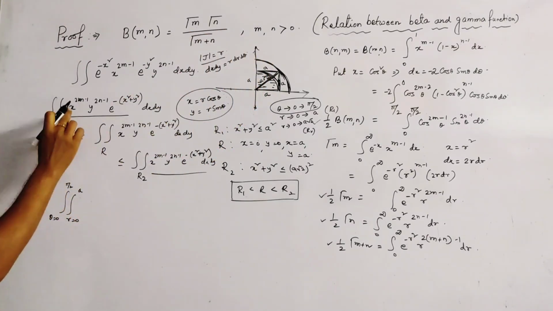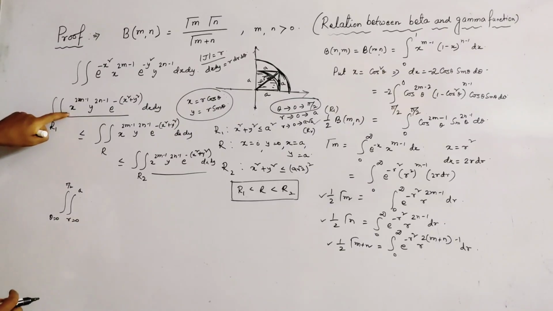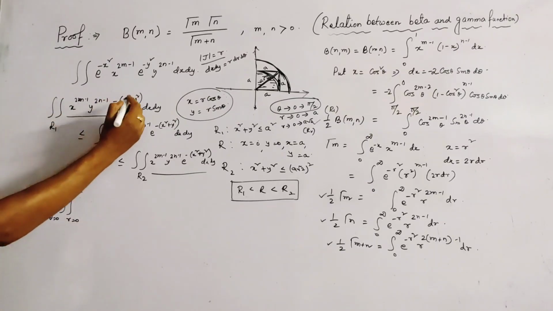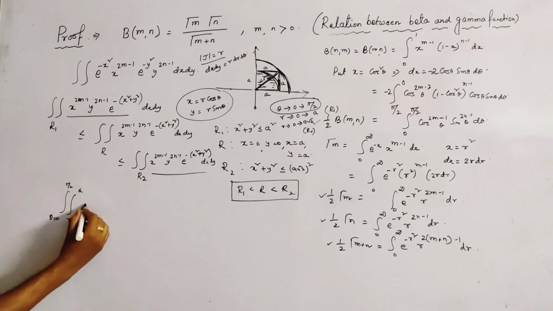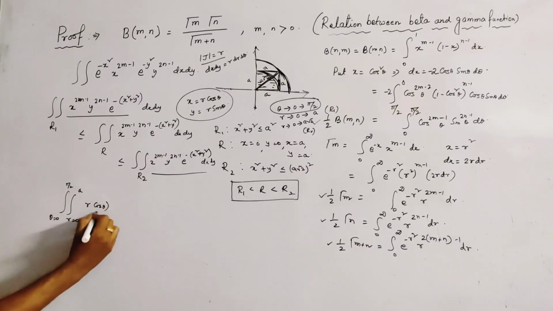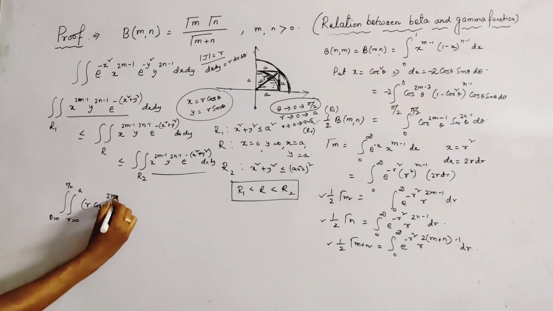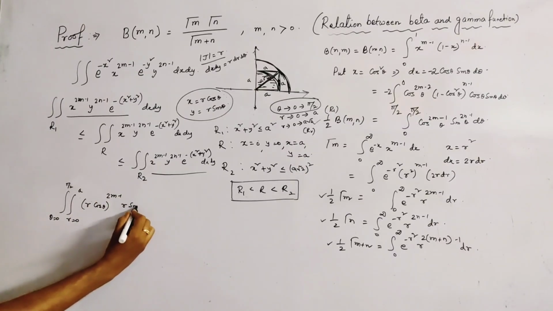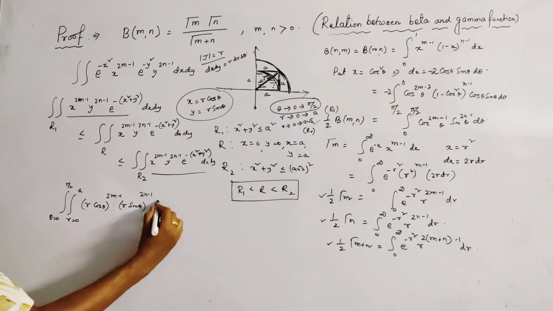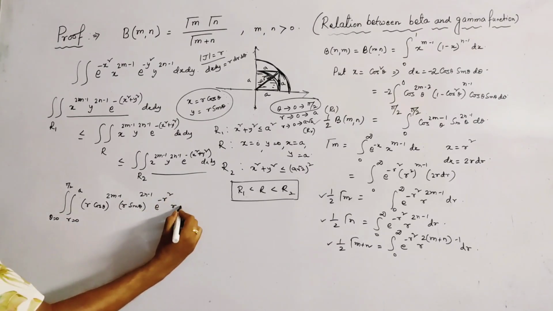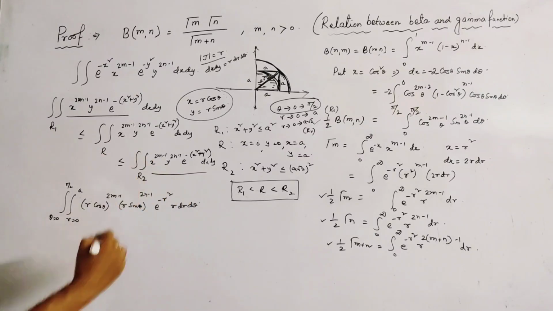We put the value of x and y, and for x square plus y square we get r cos theta whole to the power 2m minus 1 into r sin theta whole to the power 2n minus 1 into e to the power minus r square into r dr d theta.